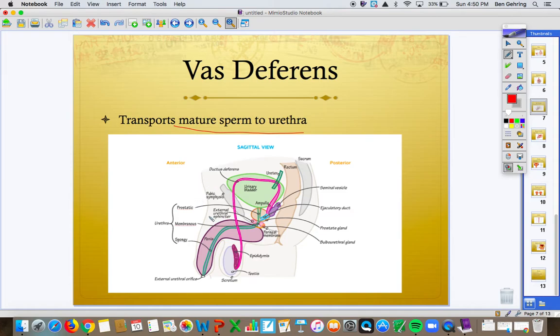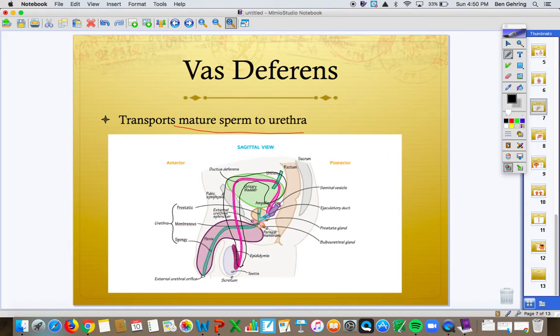Your vas deferens is this tube here. Yellow is a bad color, let's go black. We'll undo that. This tube here is your vas deferens, which carries sperm from your testes all the way over to here.